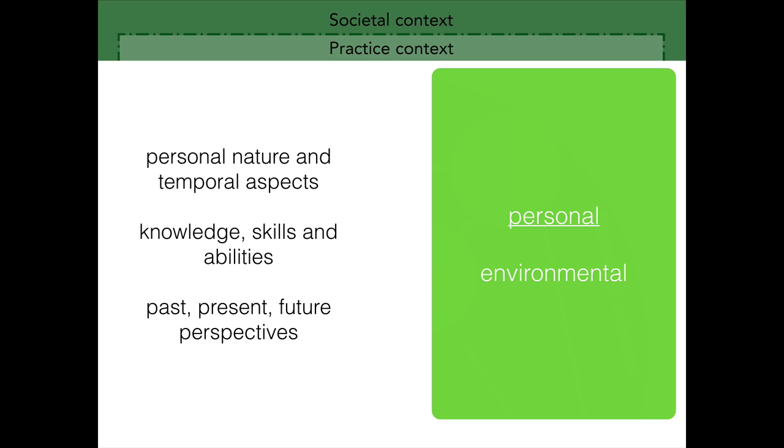So thinking about in some countries, for example, where there are very clear roles for men and women to play, it may or may not be appropriate for a male therapist to work with a female client. And so that's part of the practice context, and it links into the societal context, but is something we might need to think about.